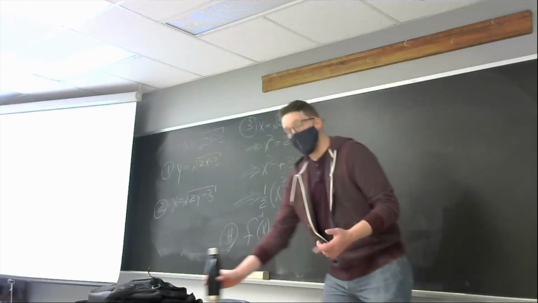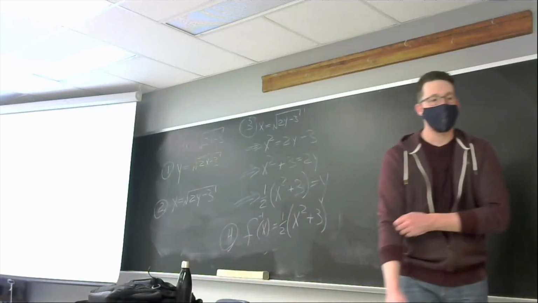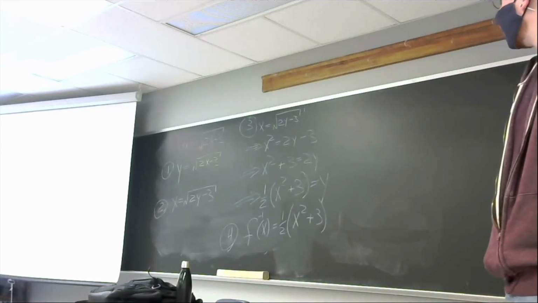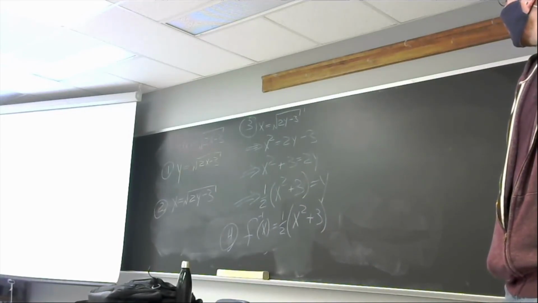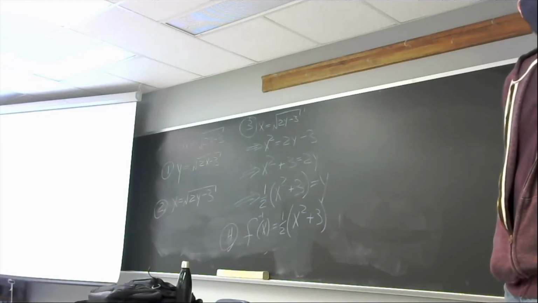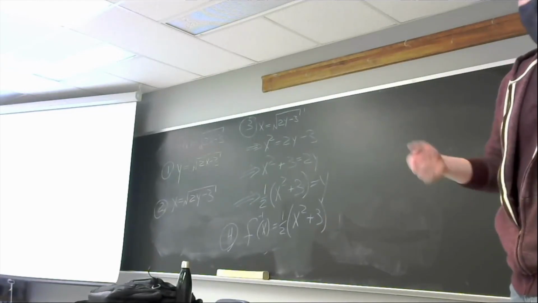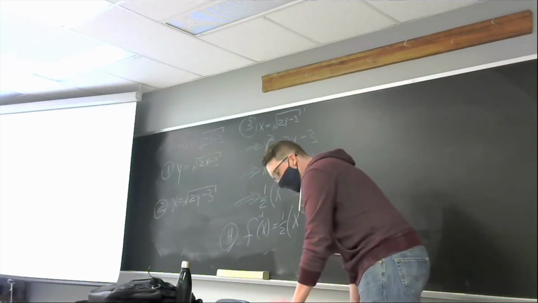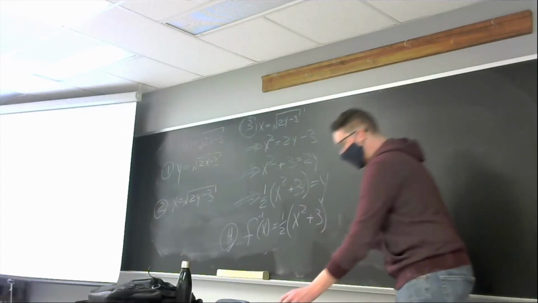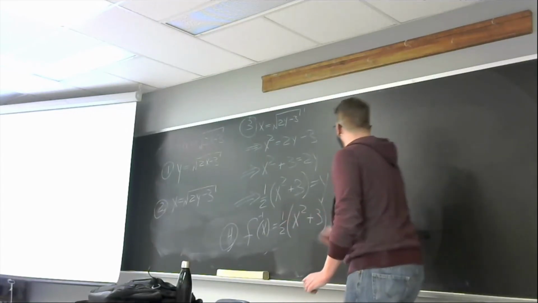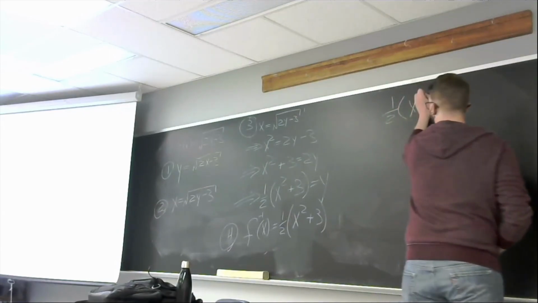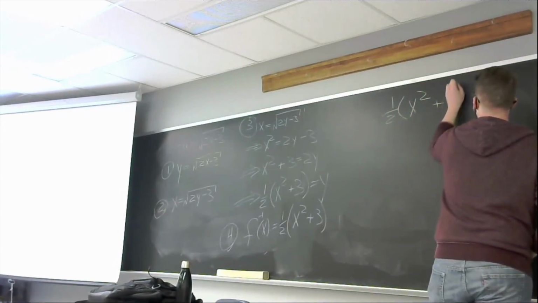Yes, sir. Quick question. So why wouldn't you put the x squared plus 3 over 2 instead of multiplying it by a half? Like, does it matter? No, it doesn't. That's what we were just saying in here, is that it doesn't matter, right? Like this 1/2 the quantity x squared plus 3.